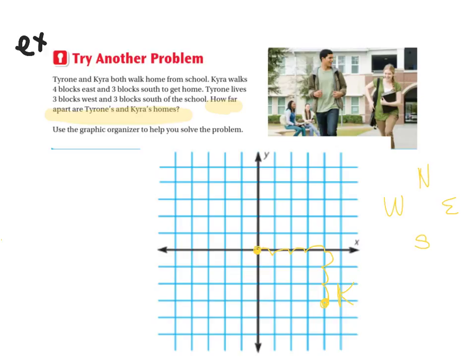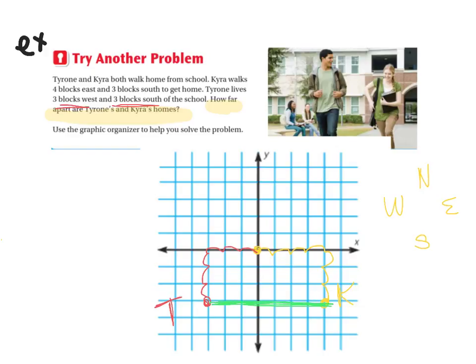And let's switch colors. Now, Tyrone lives 3 blocks west and 3 blocks south. So starting back at the school, he went 1, 2, 3 to the west and 3 blocks south. 1, 2, 3. So here's Tyrone's house. Now, how far apart are these 2 houses? I'm looking for this space right here.